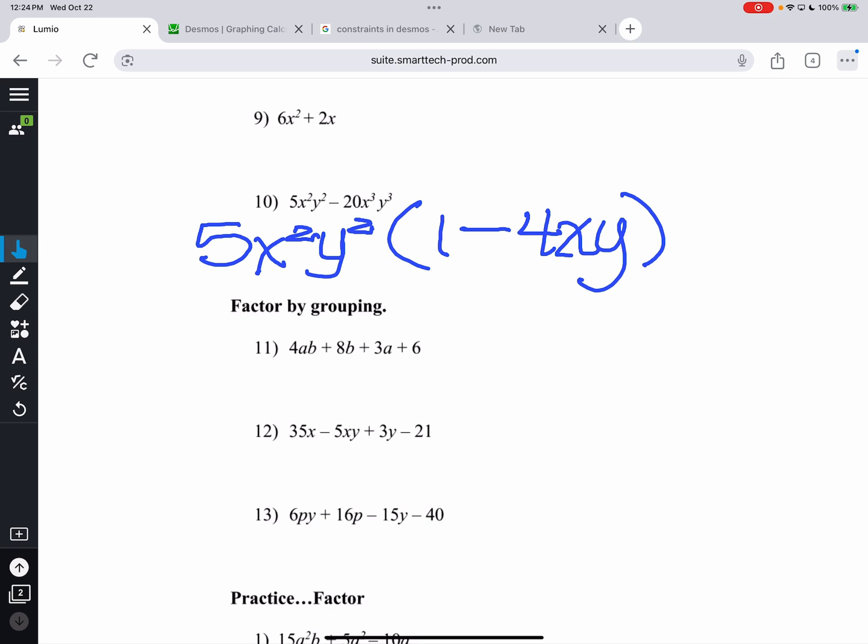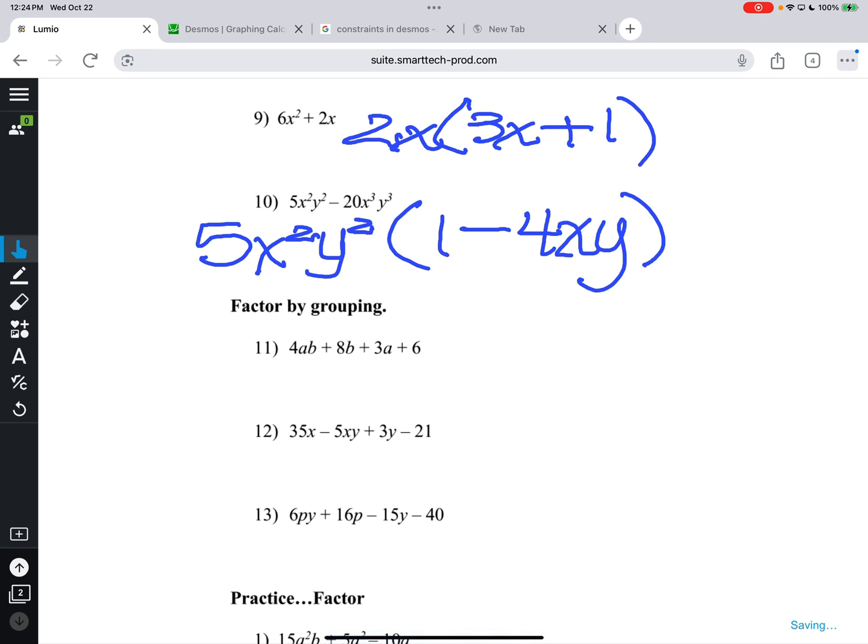Okay? So what would the answer to number 9 be? 2x, 3x plus 1. You need to be sure to have it in the order that they came. So you would have the 3x first and then plus 1.